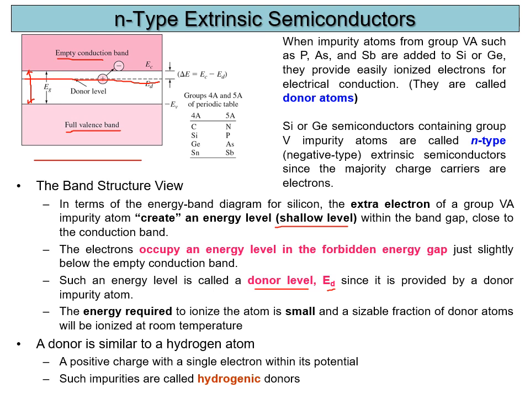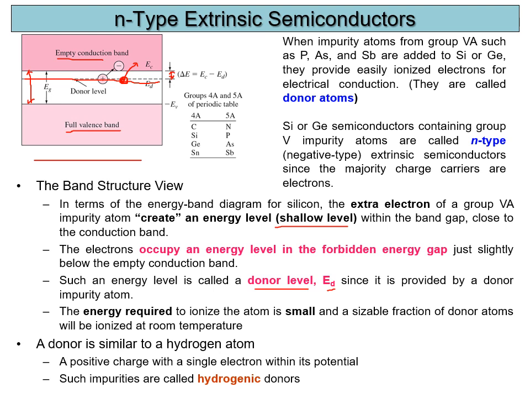Here we can see the excess electron, the freely moving electron, can easily be excited to the conduction band to conduct electricity, because the energy gap is much smaller compared to the EG here.